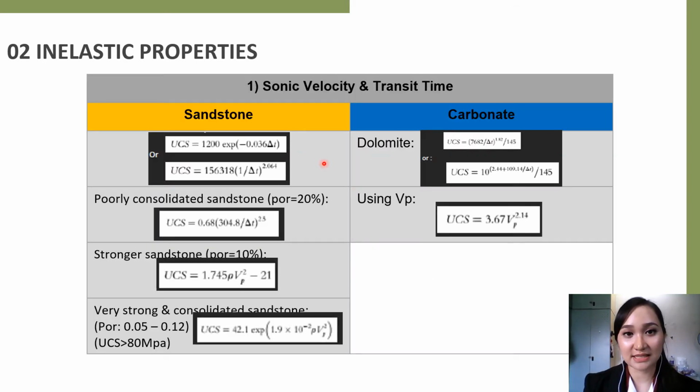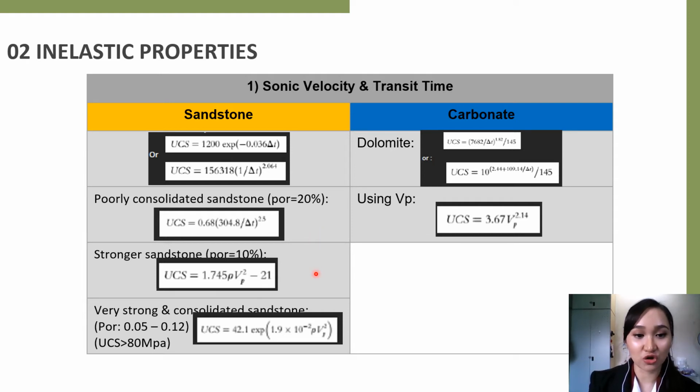Beginning with sandstone, the two equations here are some of the most common equations used. However, when we identify our sandstone to be poorly consolidated or a weak sandstone, which means that it has a high porosity of about 20%, we will use this formula instead.